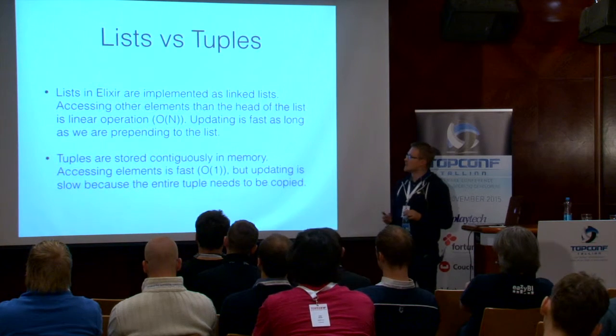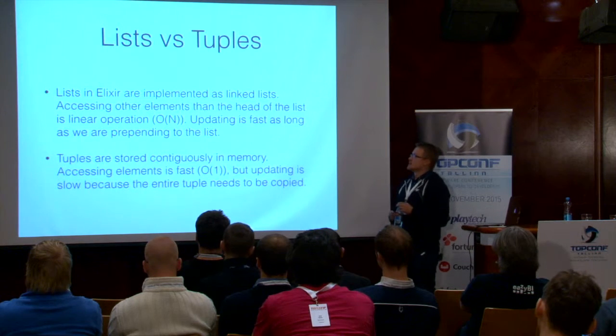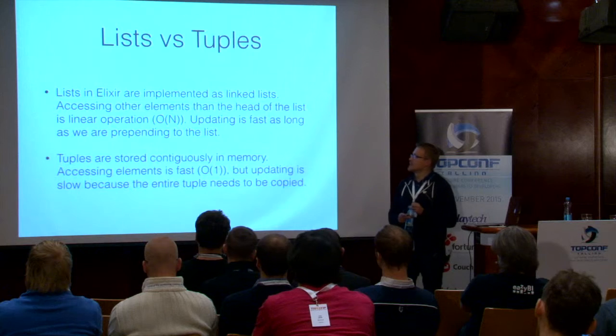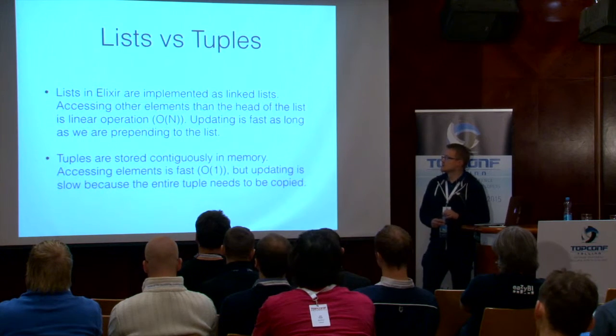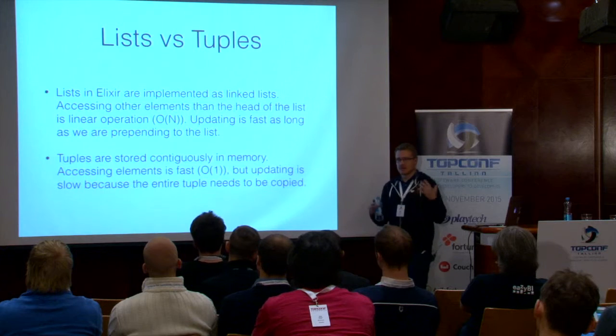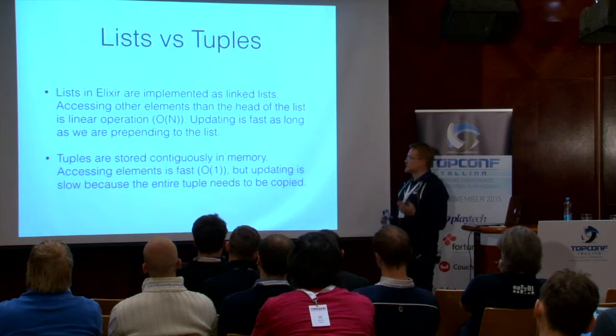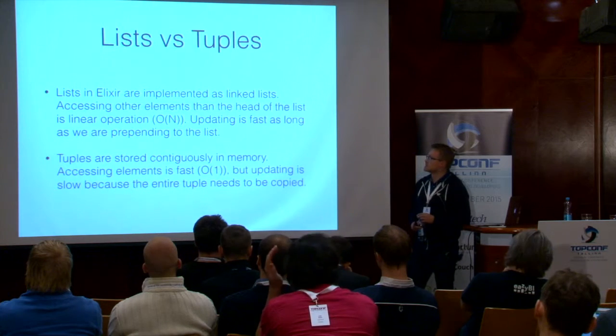So in many cases, if you want to append to a list, it's done so that you prepend and then reverse the entire list. Tuples are stored contiguously in memory. Accessing elements in a tuple is fast, but updating is slow because you need to copy the entire tuple.